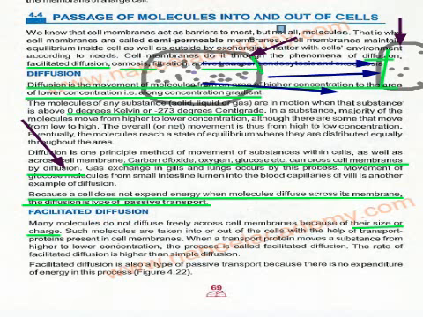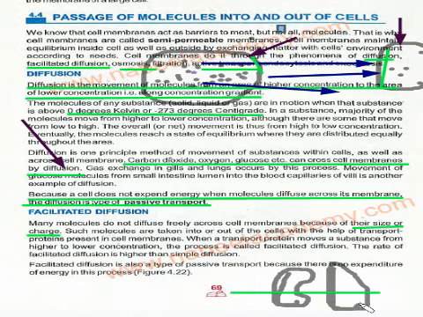For example, if this is your cell membrane, there are some transport proteins present here. These transport proteins allow some of the molecules to come inside, which cannot come in otherwise.